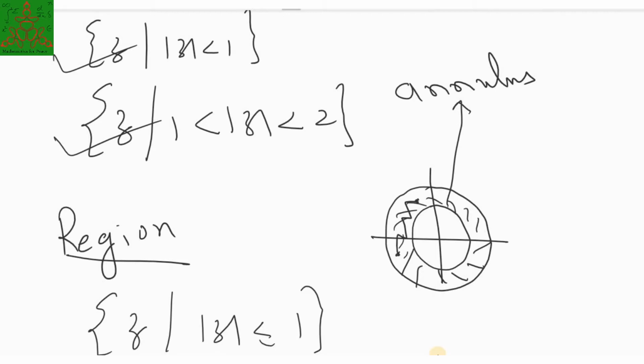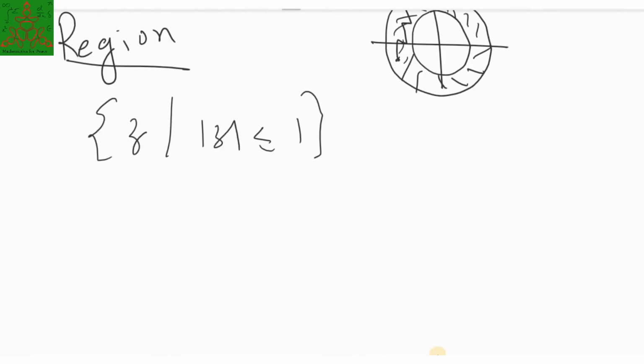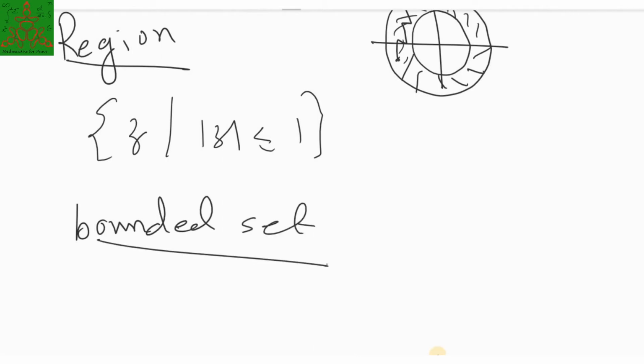So the next definition that we have is a bounded set. That is the last definition of this talk. So what is a bounded set? A set S is bounded if every point of that set lies inside some circle |z| equal to R, otherwise it's called unbounded.